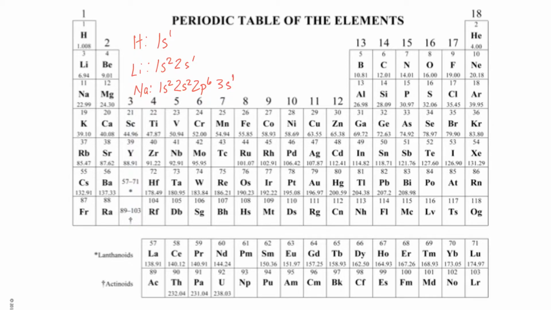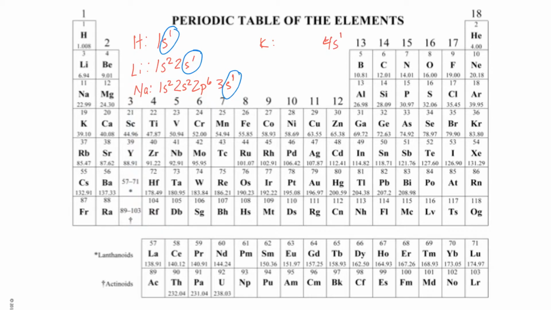Now you immediately notice, I hope, that they all end in the same way. They end in s1. And you might be able to predict then what potassium's electron configuration would end with. If you said that potassium's electron configuration should end with 4s1, you'd be right.